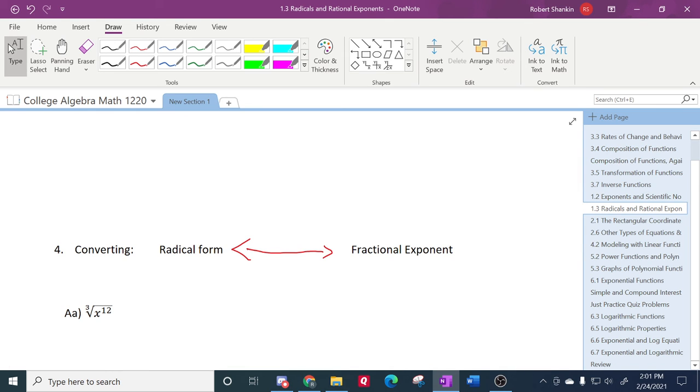If it's in a radical form, change it to fractional or vice versa. And then get it to be as simple as you can. And then put your answer into your group chat. And go ahead and hit enter.